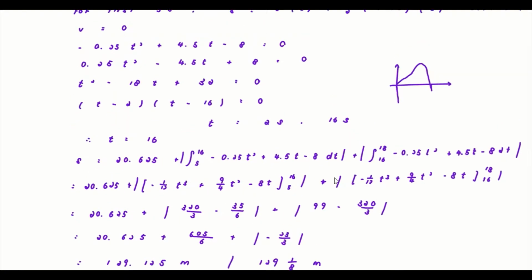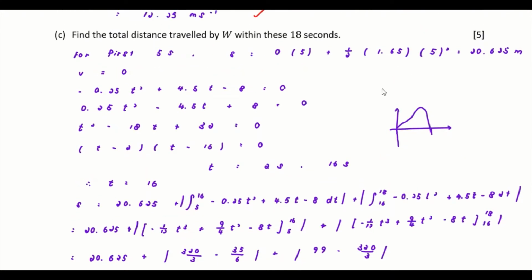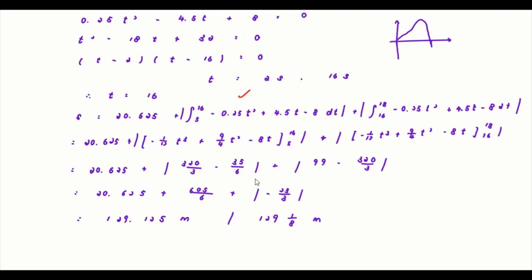So let me write down the marks assigned for each part. For the first 5 seconds, you should use a Shewhart formula to get this number, and you get 1 mark. The second mark is to identify the change of direction. After you identify the change, you should have the correct limits, which means 5 to 16, then 16 to 18.